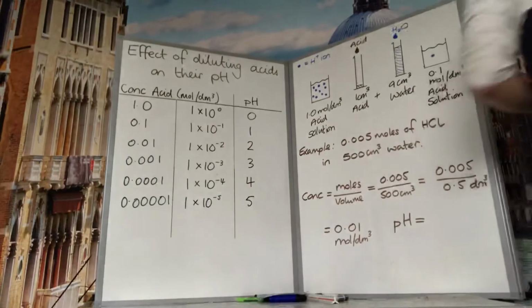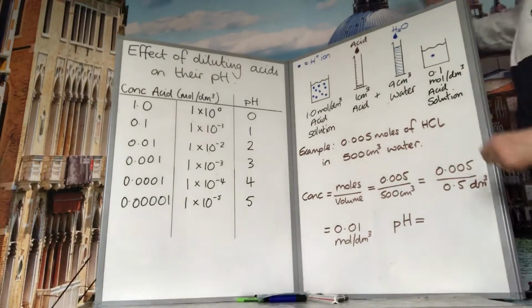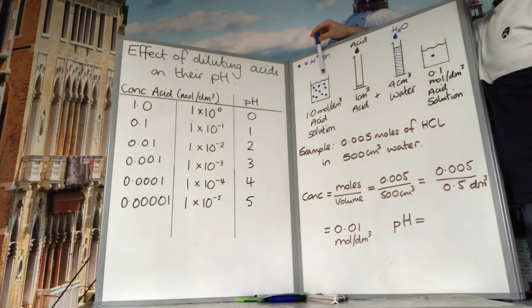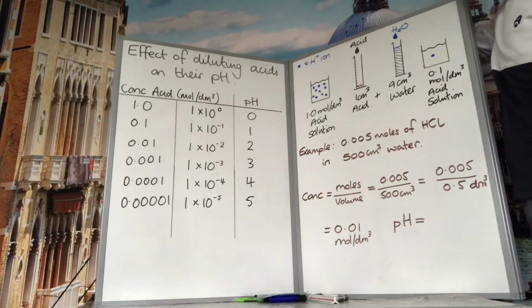So what does this mean in terms of diluting acids? The dots here represent H+ ions. Obviously in a 1 mole per litre solution there'll be billions of these in the solution, but we're using 10 dots here just to illustrate.